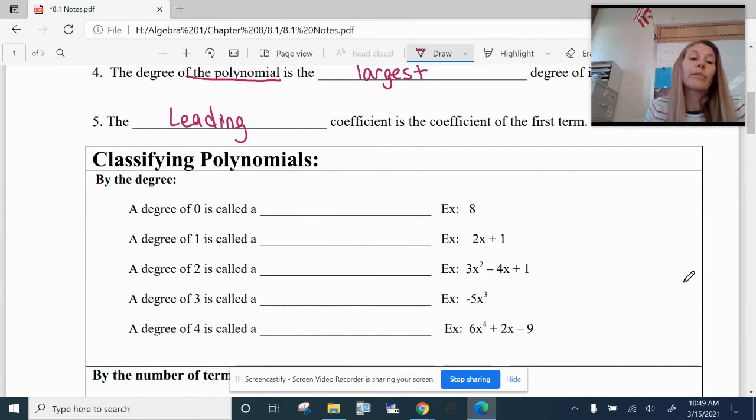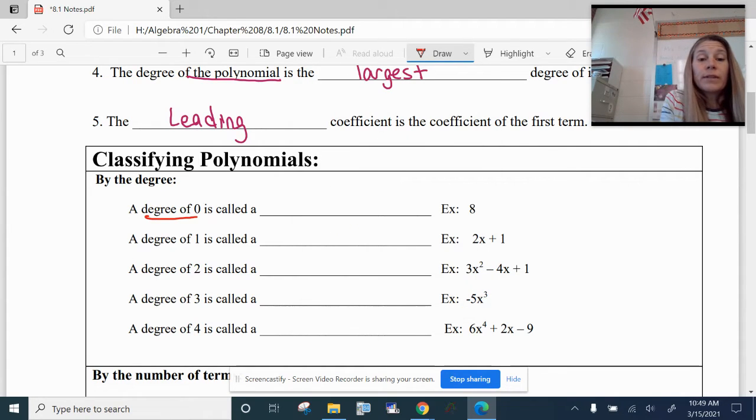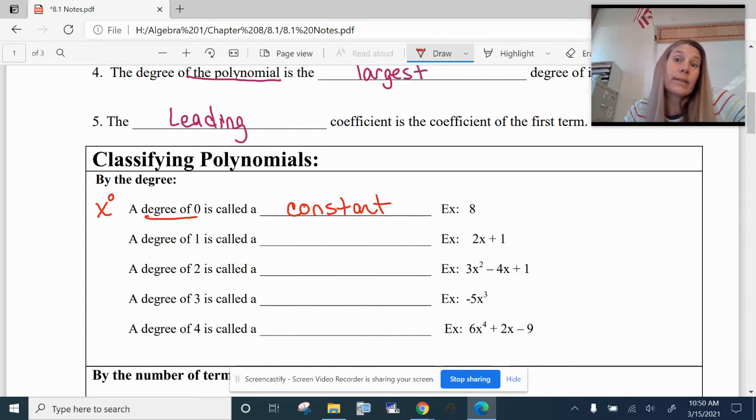So classifying polynomials, we classify them two ways. One is by degree and one is by number of terms. So when we go to classify them by degree, a degree of 0 is called a constant term. And really what we're talking about here is an x to the 0 power. And we know that anything raised to the 0 power is 1. So then that x would just basically go away.